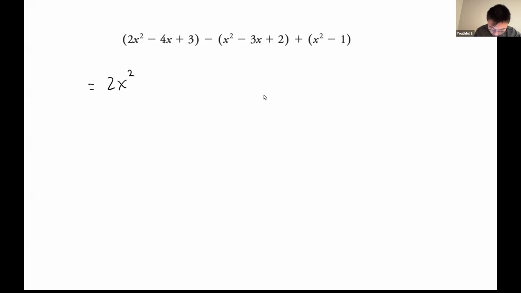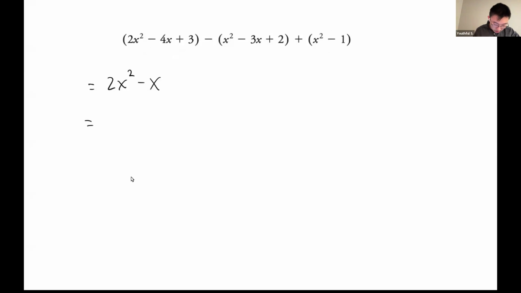Then we have negative 4x minus negative 3x, so that's plus 3x, which is negative x. There's no x term here, so we don't do anything there. Lastly, the constants: 3 minus 2 is 1, then 1 minus 1 is just 0. So that should be it.